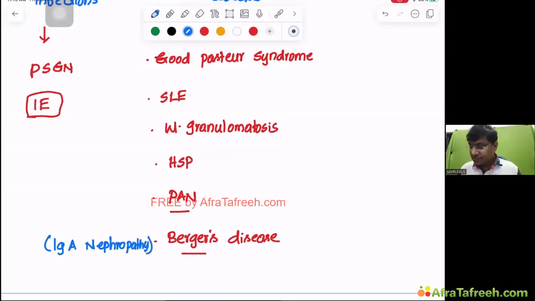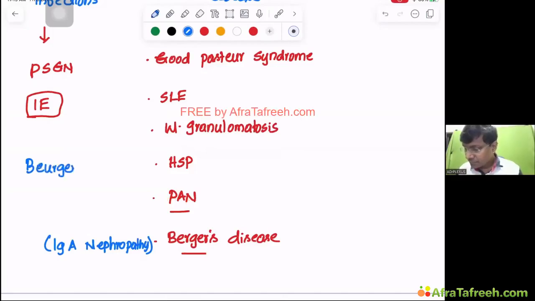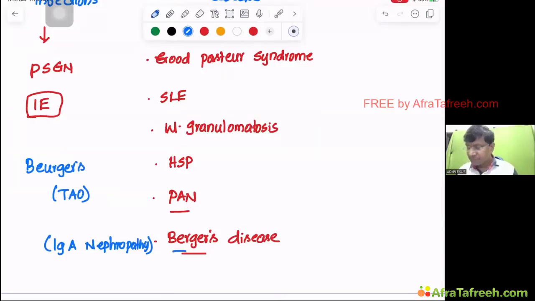Okay. Whereas this Buerger's is thromboangiitis obliterans, which is medium vessel vasculitis. Whereas BR is the one which will cause the proliferative glomerulonephritis. So how to remember this?